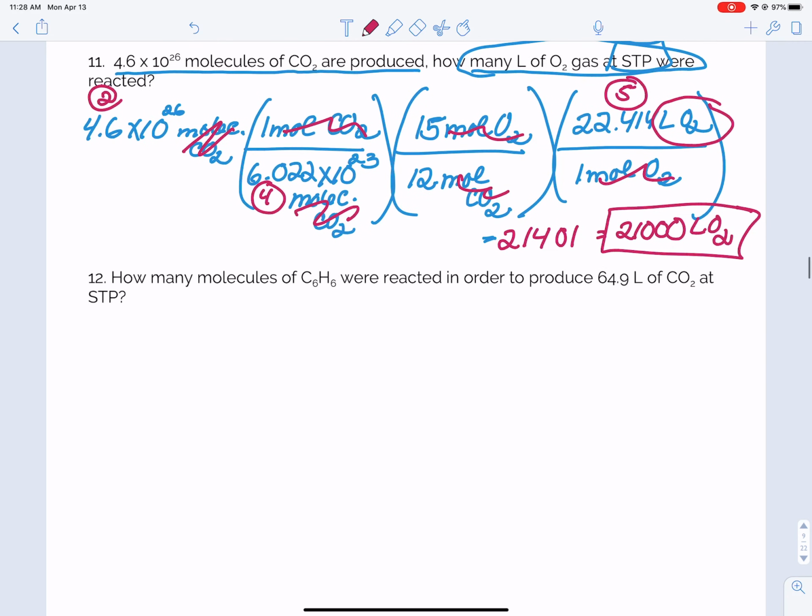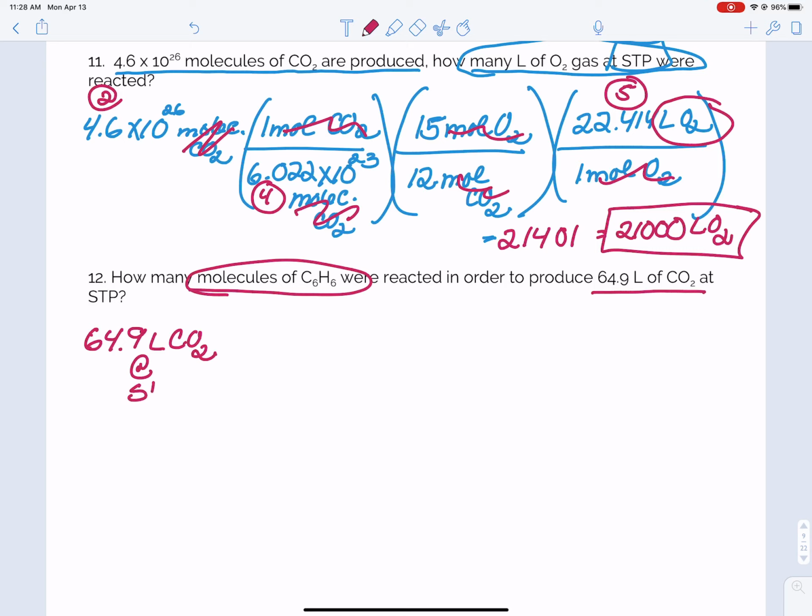And then number 12, how many molecules of C6H6 were reacted to produce 64.9 liters of carbon dioxide at STP. Okay, so 64.9 liters of carbon dioxide at STP. You can write it, or it's okay if you don't, right?